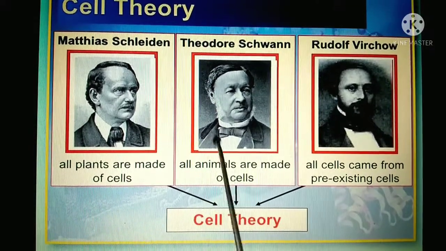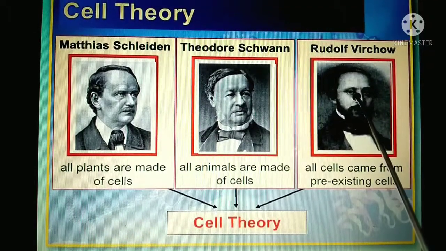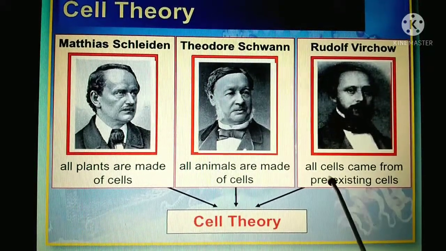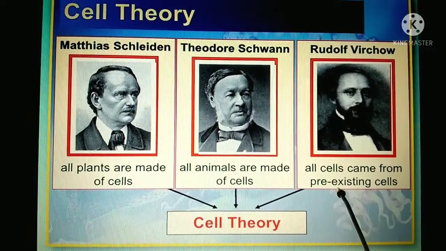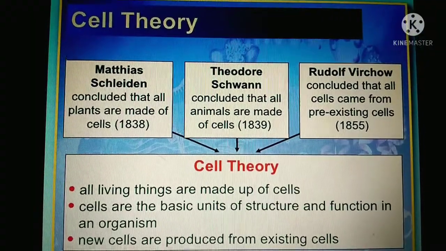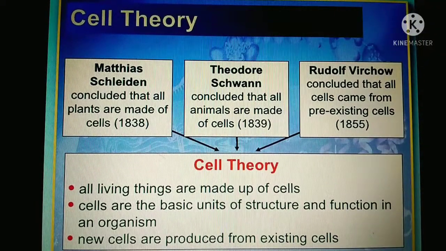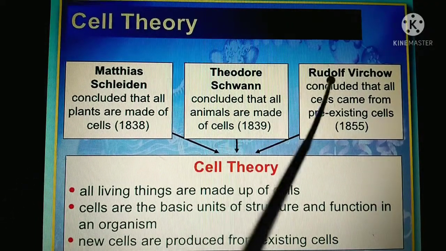The scientist Rudolf Virchow, in 1855, presented the idea that all cells arise from pre-existing cells.